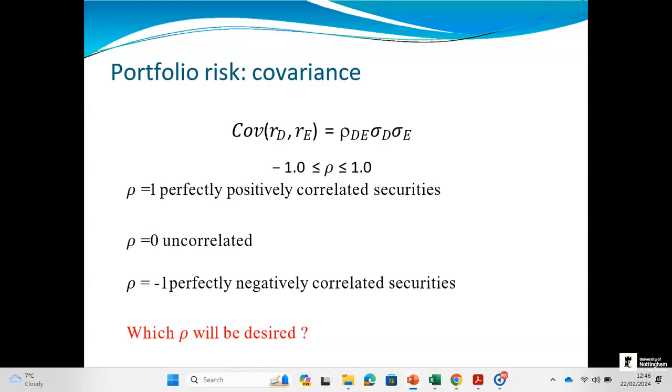If you have to select stocks, which stocks will you choose? The ones which have a correlation of minus 1. But as I told you, in practice it's very difficult to find assets which are perfectly negatively correlated, so the best thing you can do is to find assets that are least correlated.